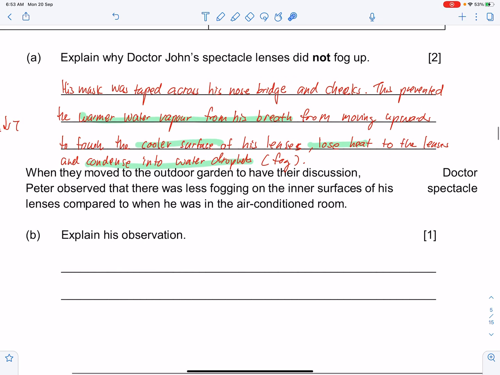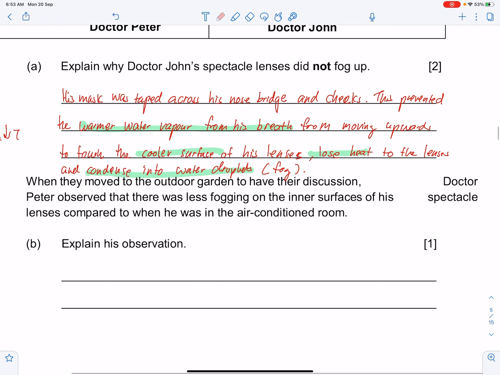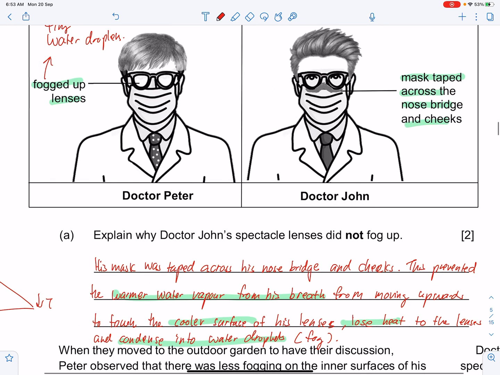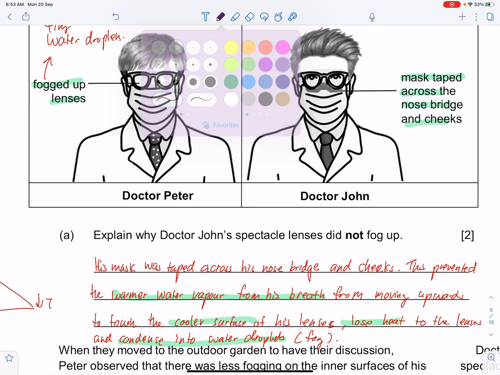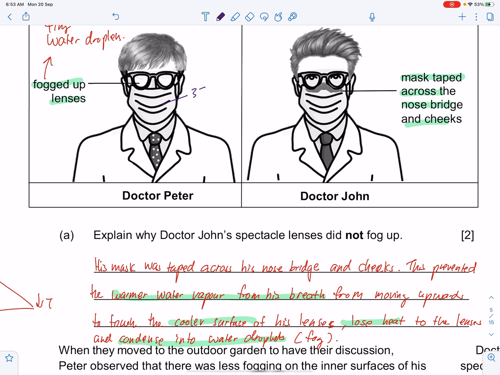So explain his observation. So because when he moved out to the garden, let's just say his breath was about 37 degrees Celsius, give or take. Okay, in the aircon room, it was probably about maybe 17 degrees Celsius. The difference between these two is a good 20 degrees Celsius.